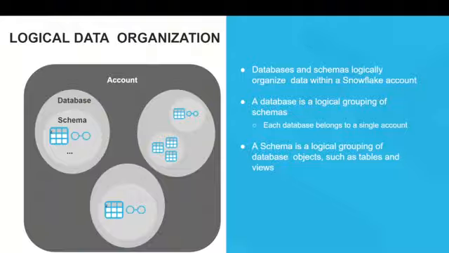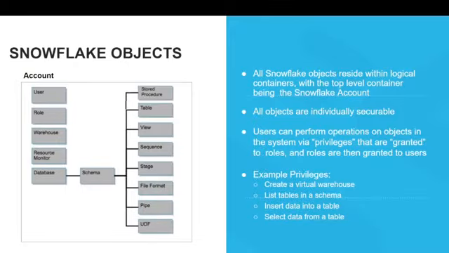inside Snowflake. So let's see how we organize all the different objects of Snowflake. If you see over here, all Snowflake objects reside within a logical container, with the top level container being the Snowflake account. So at the top level, you will have a Snowflake account.